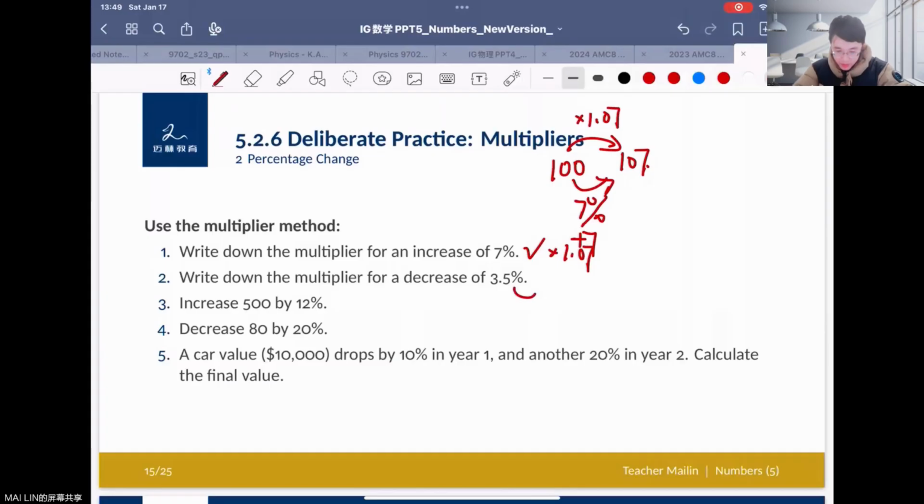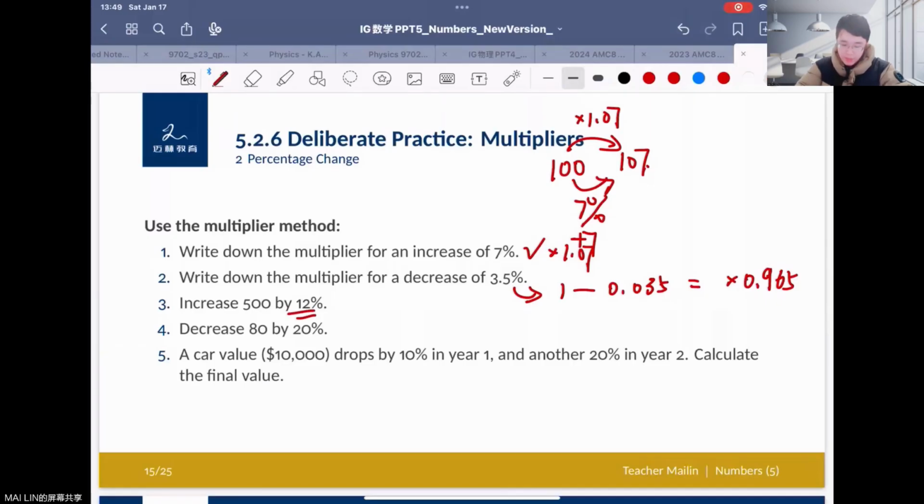For the next one, we are decreasing by 3.5%, so we do 1 minus 0.035. So here you're multiplying by 0.965.